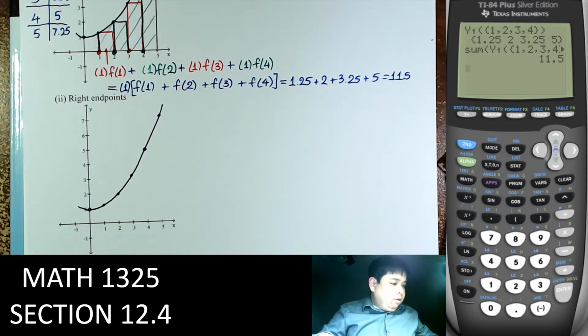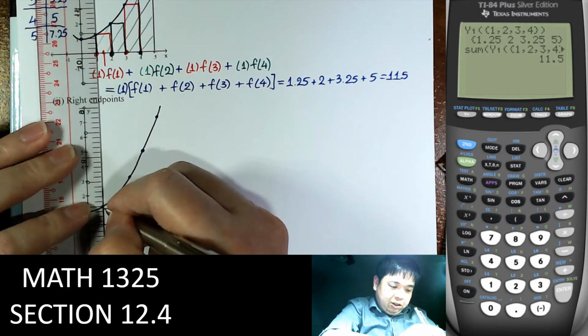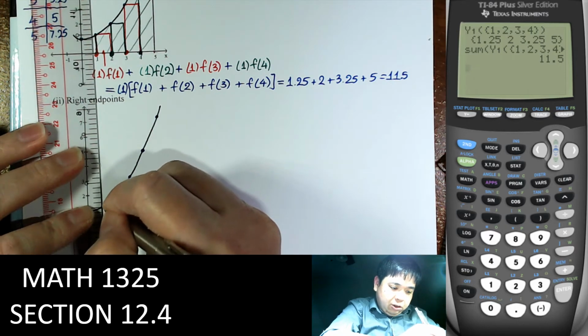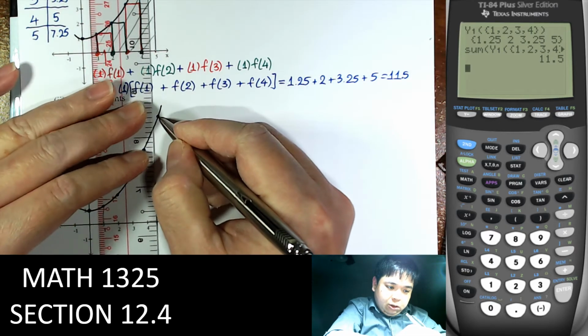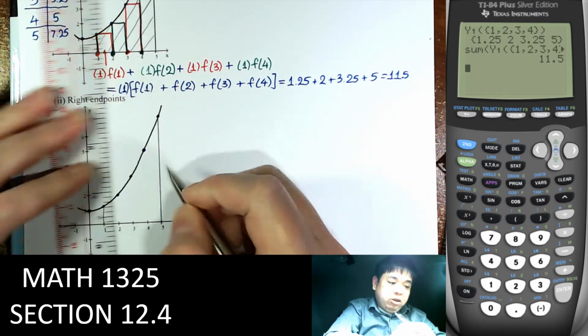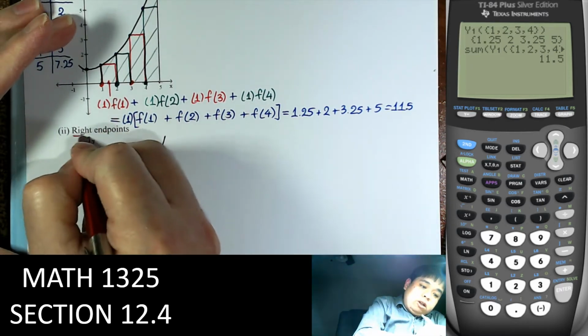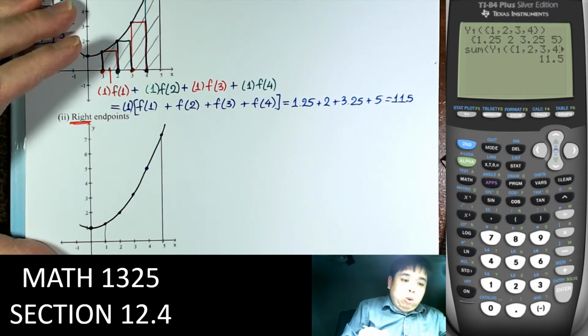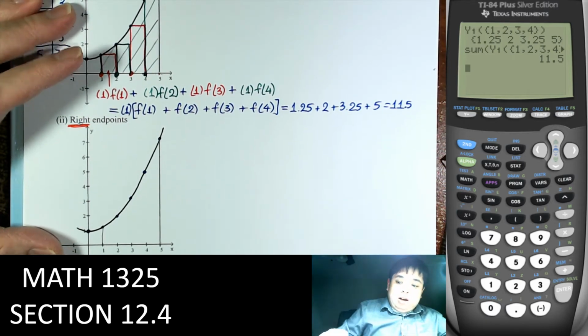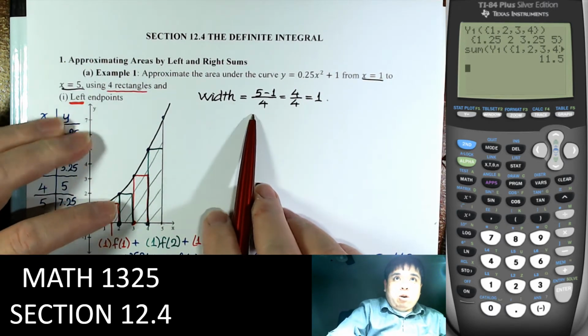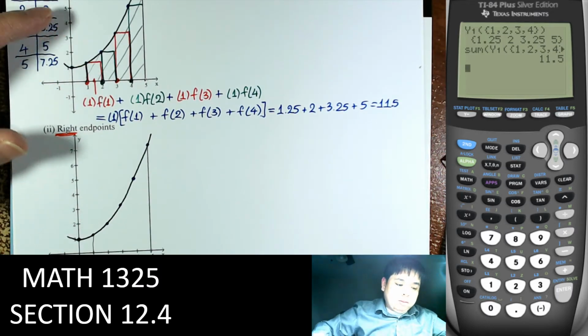Now we still have from 1 to 5, and we still divide into 4 rectangles, but this time it is the right endpoint. So the width is still 1, right? 5 minus 1 over 4, so the width is still 1.